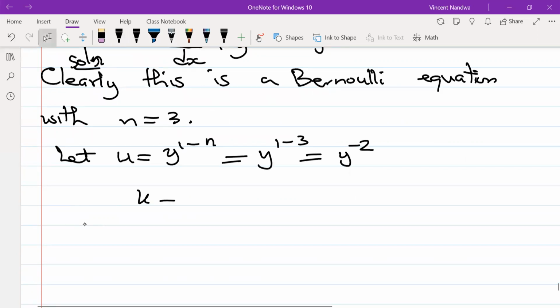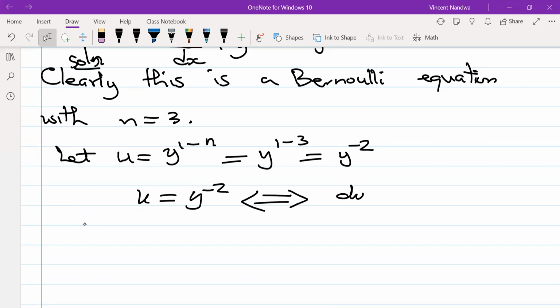So du/dx will be given by minus 2 y to the power minus 3 dy/dx. Of course, we are using chain rule, and u is a function of y, and y is a function of x.